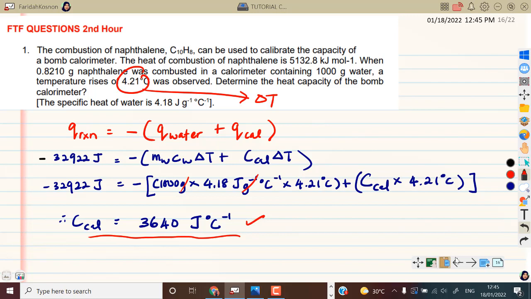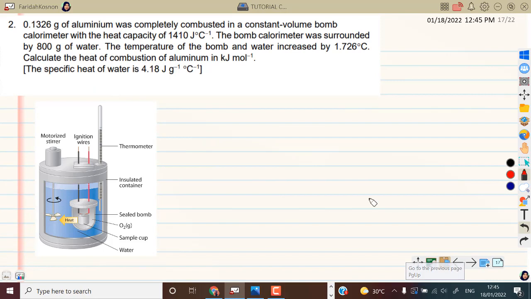So, the last question for face to face second hour. We have the combustion of 0.1326 gram of aluminium. Since it is combustion, we must use a bomb calorimeter, or in other terms, a constant volume bomb calorimeter, with the heat capacity given as 1410 joule per degree Celsius. The bomb calorimeter was surrounded by 800 gram of water.